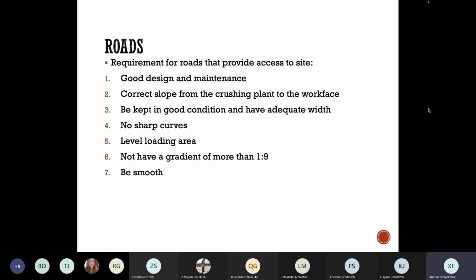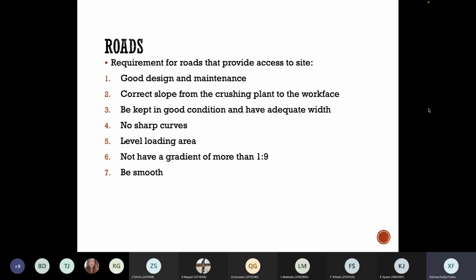Correct slope from the crushing plant to the work face. We discussed already that they will be moving from the crushing or the quarry itself to the actual section of the road where we are transporting the rock or the soil, and therefore the correct slope, because the trucks are carrying a heavy load.